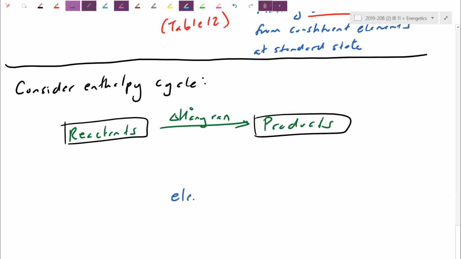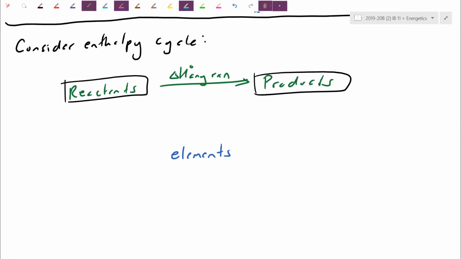Pretend that I have a bunch of elements that are just sitting beside this. And what I'm going to do, without showing you all the work, is point an arrow from elements. I'm going to look at the compounds on the reactant side, whatever chemicals are making up the particles that are going to collide, and I'm going to pretend to start off with a bunch of these Lego pieces, and imagine gluing together all your reactants. The enthalpy change required to do that would be the delta H formation.